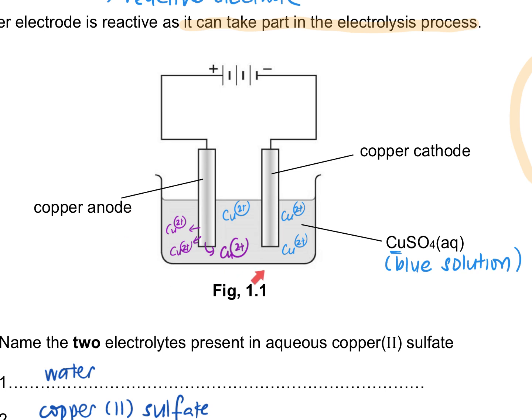Usually when the reaction starts, all the Cu2+ ion will be attracted here, but it takes some time for the anode to dissolve to form the copper 2+ ion. So this is how it works. This explains why color intensity remains the same and concentration remains the same. Got it? Kelvin, do you understand this part now?